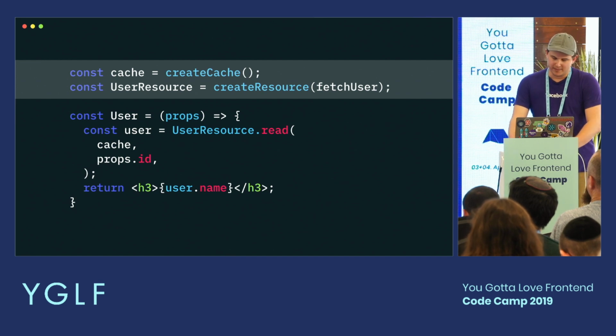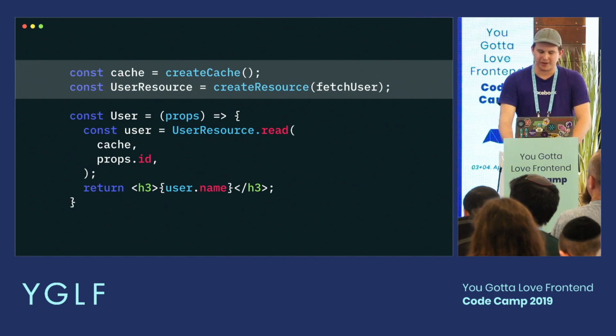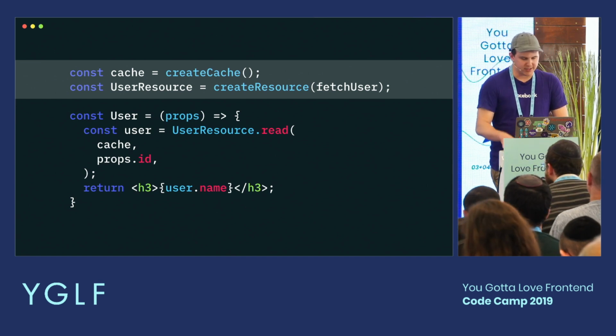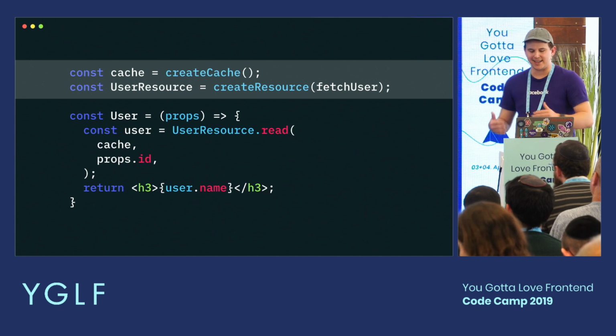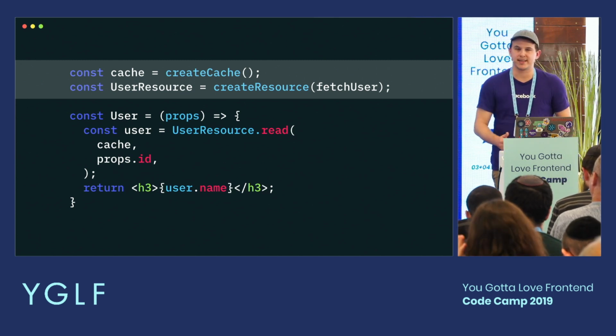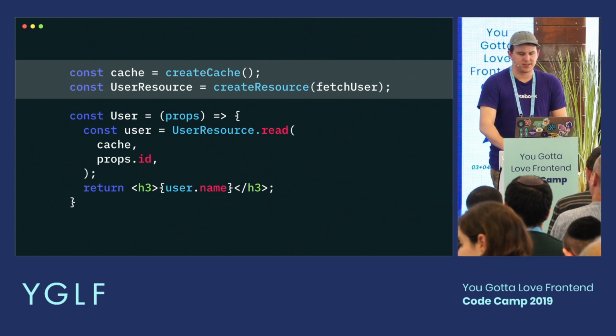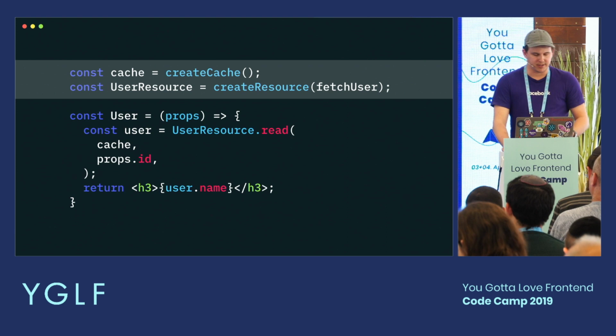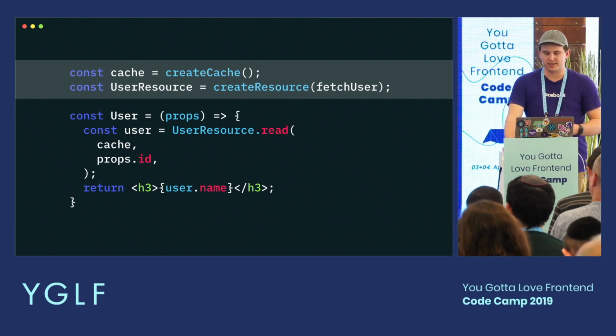Don't worry about it. Just assume they exist and they work. So we create this cache, and then we create something called a resource. And we can think of this resource as the concrete interface for how our component will fetch that data in a way that's compatible with Suspense. So we pass it this fetch user value, which we will assume is a function that fetches a user and returns a promise with the data.